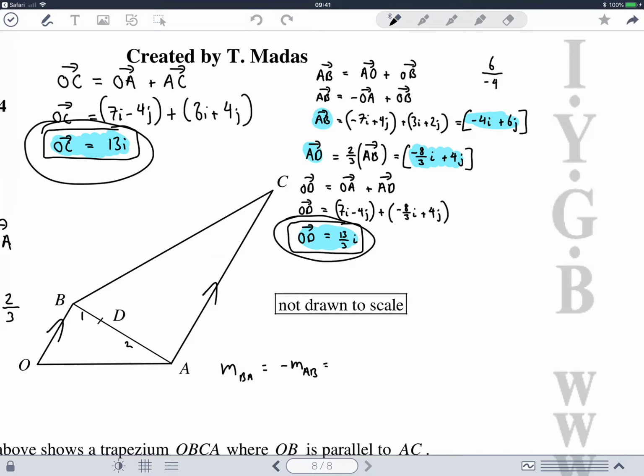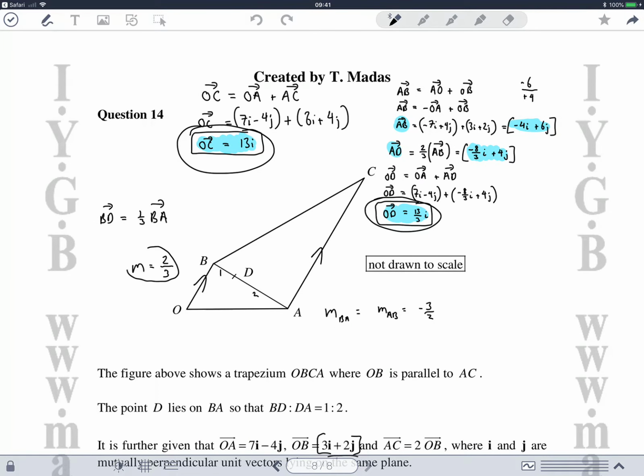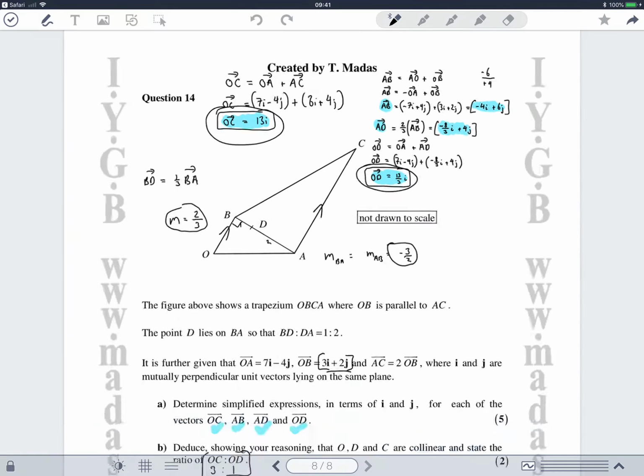But then if I do B to A, that's going to reflect that, so that's going to be a minus. Oh no, it's not. Interesting. It's the same gradient. So that's -3/2. Aha! One has a gradient of 2/3, one has a gradient of -3/2. They're negative reciprocals. So that means OBA is 90 degrees.